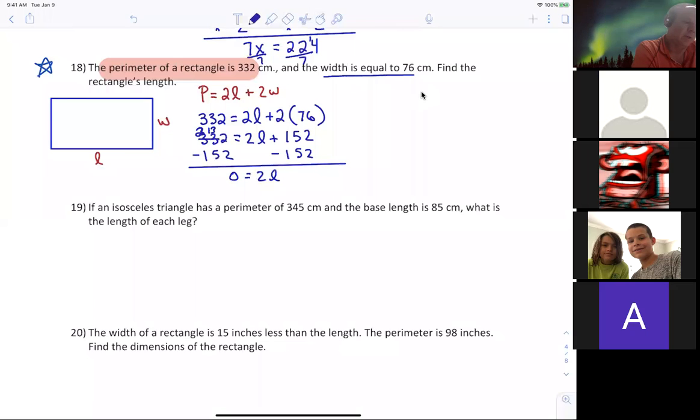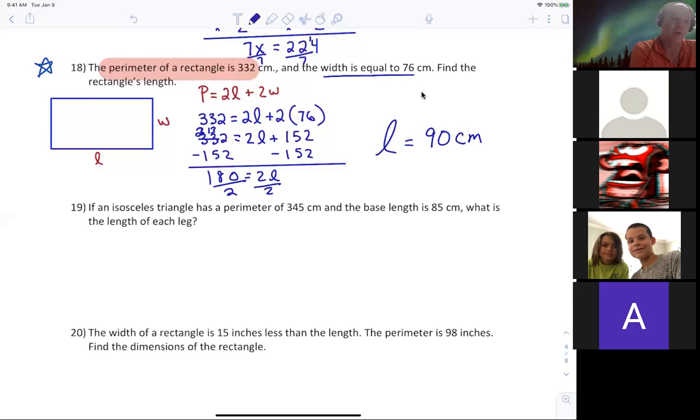That gives me 8, and then 180. Is everybody okay with that? So the length, once we divide by 2, the length is equal to 90 centimeters.